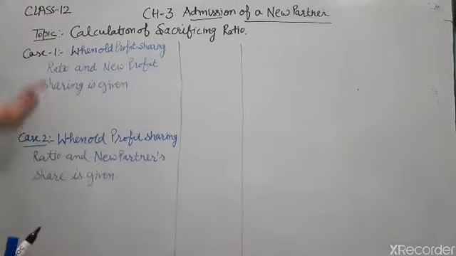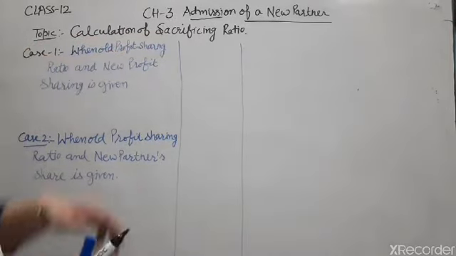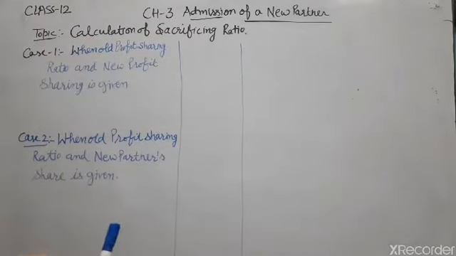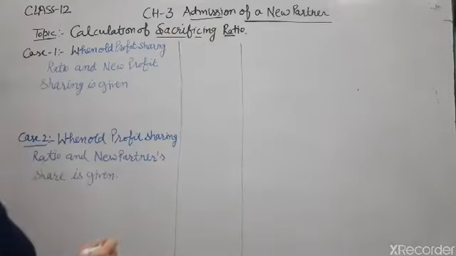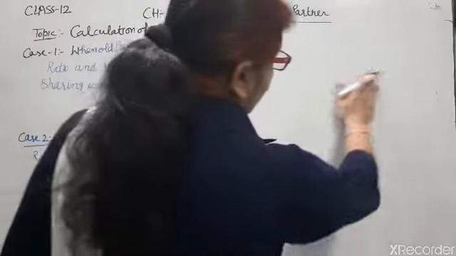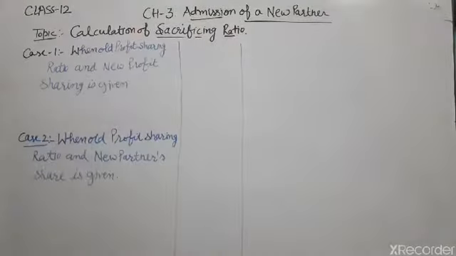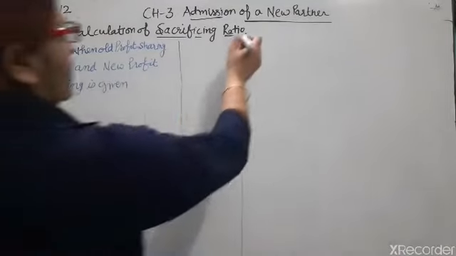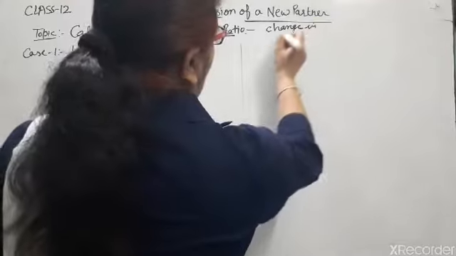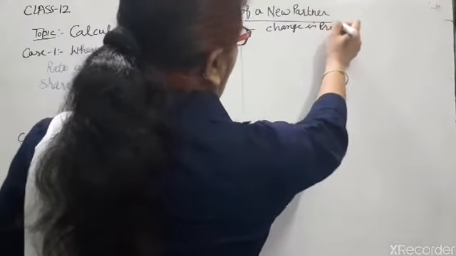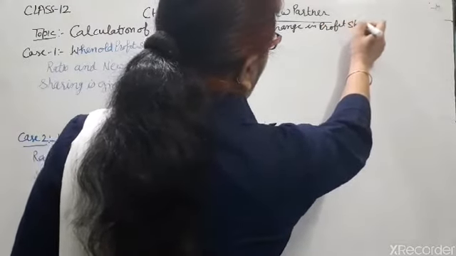Now the topic is calculation of sacrificing ratio. The sacrificing ratio is calculated in two situations. Number one, change in profit sharing ratio, and second, admission of a new partner.